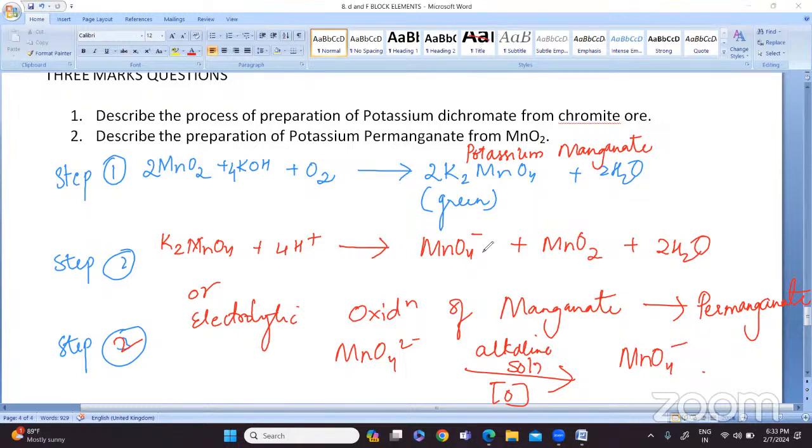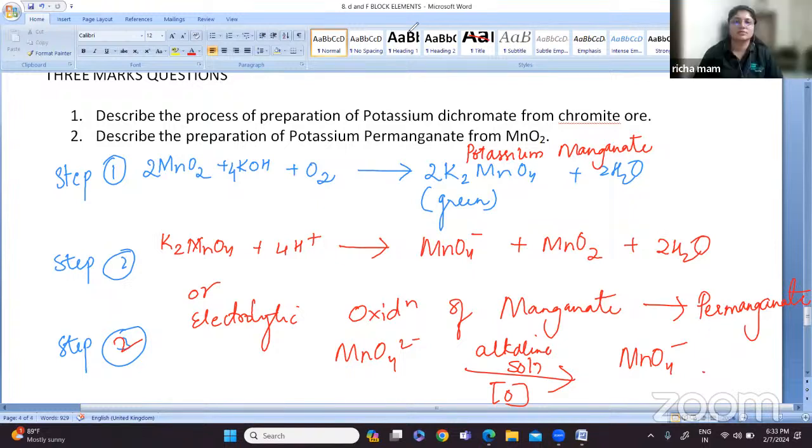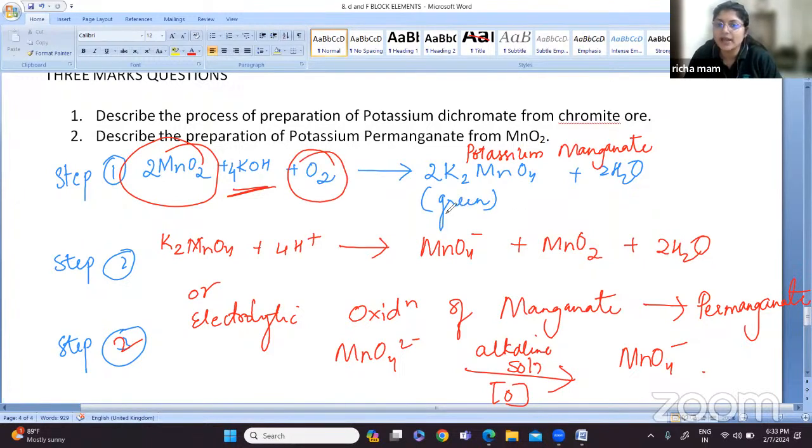Understood? Is it clear? Yes, students, is it clear? These are the steps for the preparation of potassium permanganate from MnO2. First step, we are fusing MnO2 with KOH in an oxidizing medium and converting it into potassium manganate, which is green in color. This potassium manganate in a neutral or acidic medium gives you permanganate.